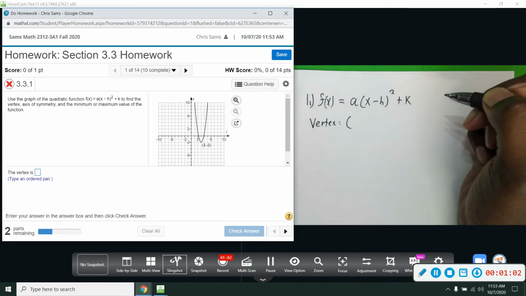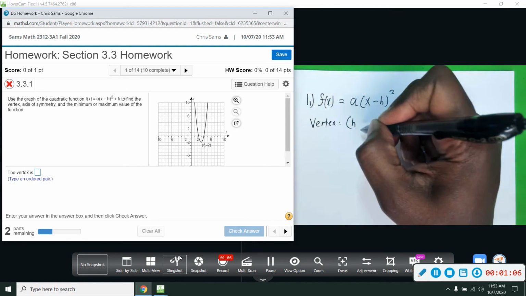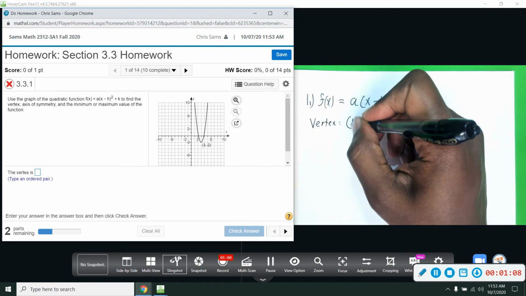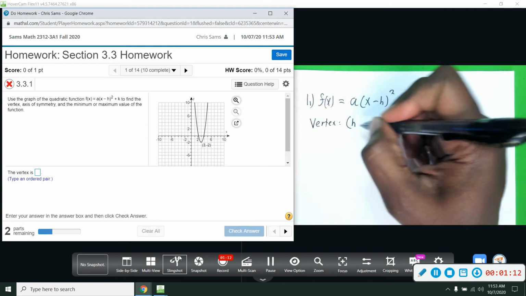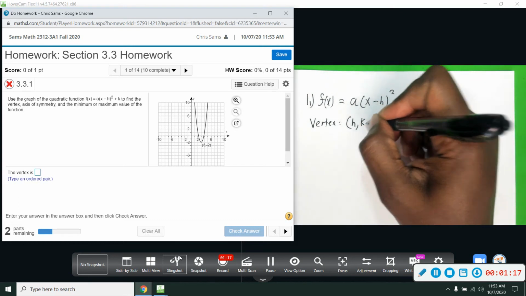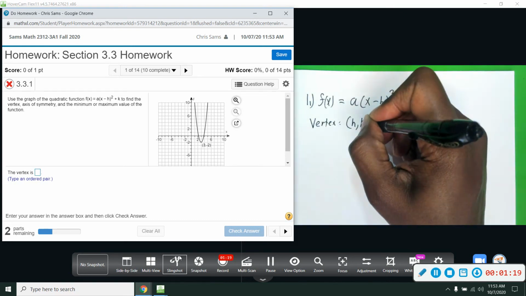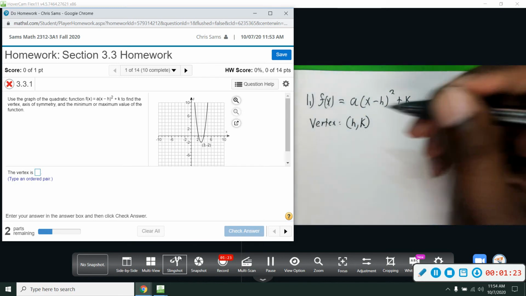Notice in the formula we have a minus in front of the h, but when we write the vertex coordinate, we lose that minus. So whatever the sign is here, you're going to do the opposite sign here. With k, you're going to leave it as is. So if it's positive, you leave it positive. If it is negative, you leave it negative. That gives you the vertex.